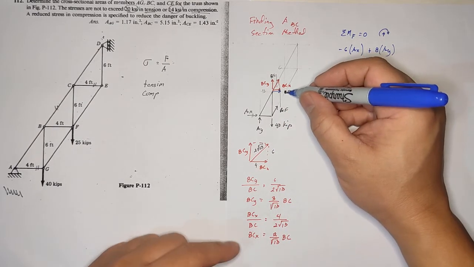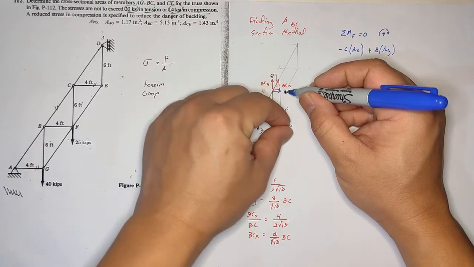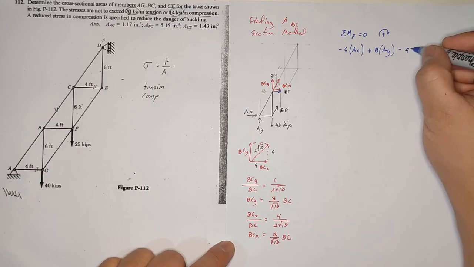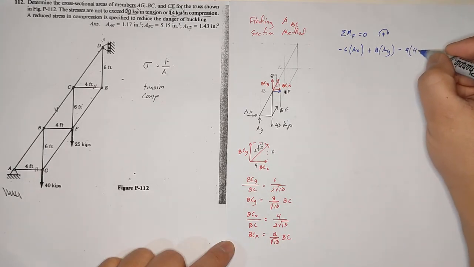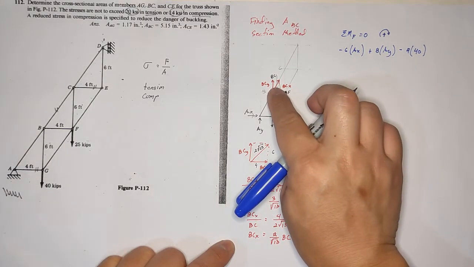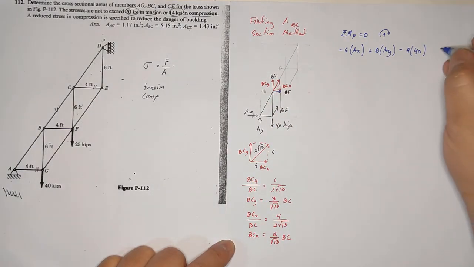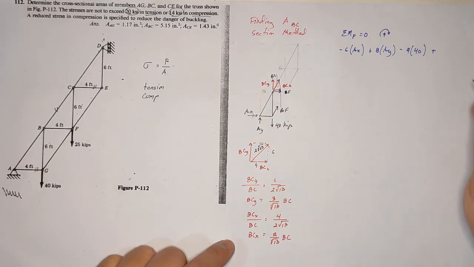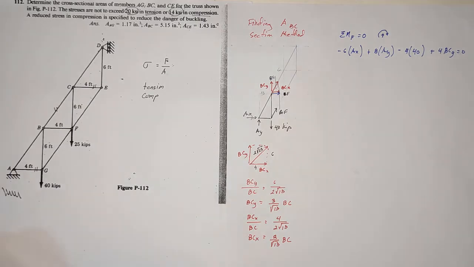40, this is the pivot point, so counterclockwise, negative 4, the distance is 4, then you have 40, okay, then the BCY, it's positive, okay, is that right? It seems wrong, anyway, positive 4 BCY equals 0. Okay.